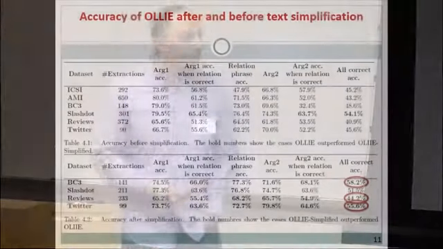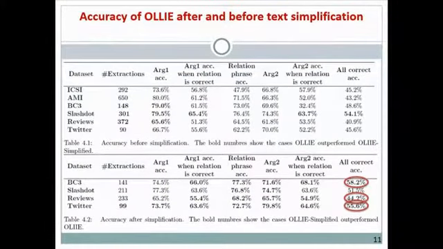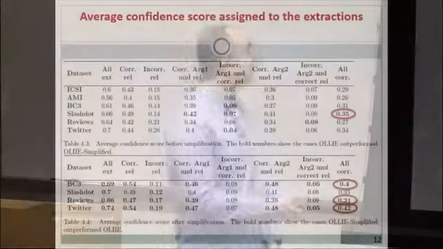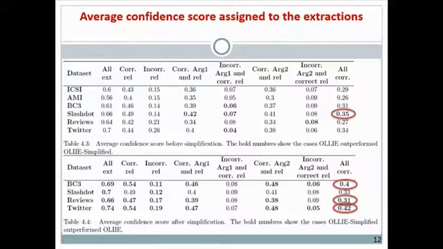So for the results, I'm giving you the important results. We can see that in most cases, the text simplification system helps the information extraction, which is one of the things that we wanted to know, to decide whether we should use text simplification before running information extraction or not. At the same time, the results for different data sets are different.